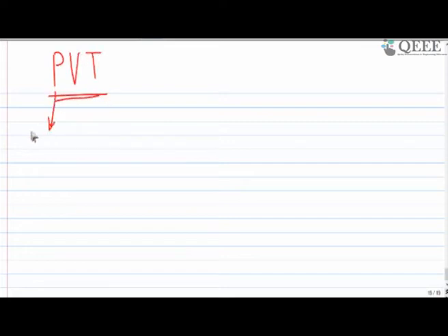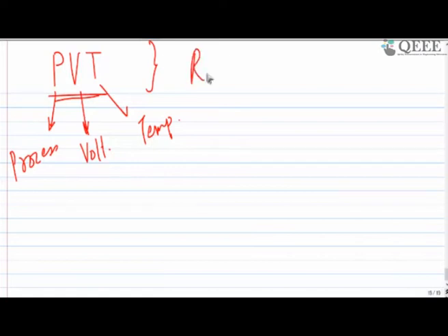It's called process, voltage and temperature. So your design has to be PVT independent, or robust enough. What do I mean by process? Process means transistor manufacturing.